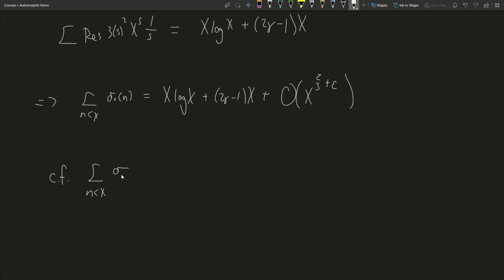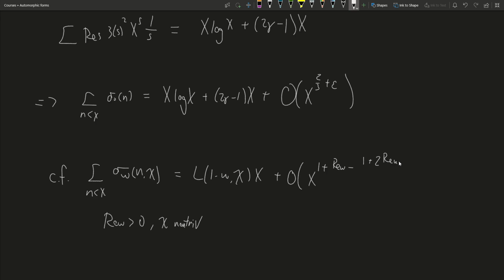Previously we found that the sum of sigma sub w of n times chi, with some restrictions, I think we ended up getting that this was L of 1 minus w, chi times x, and then maybe we had an O of x to the 1 plus the real part of w minus 1 plus 2 real part of w over 3 plus real part of w, plus epsilon.